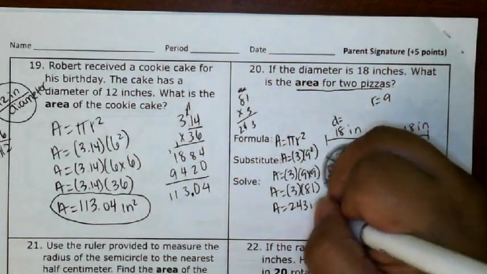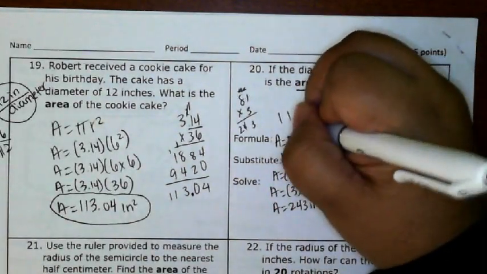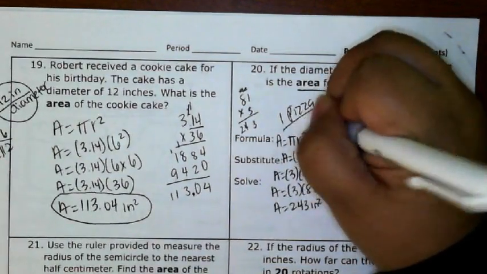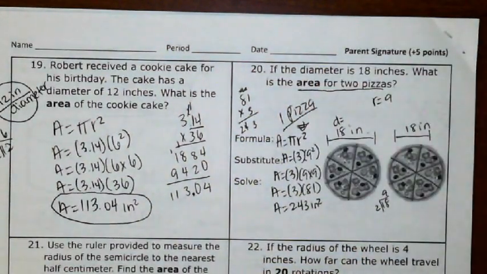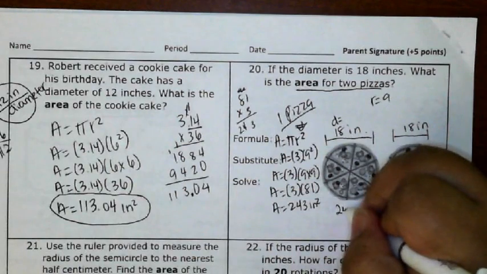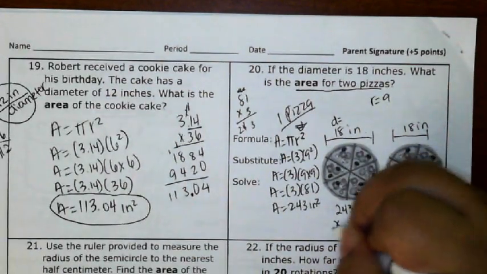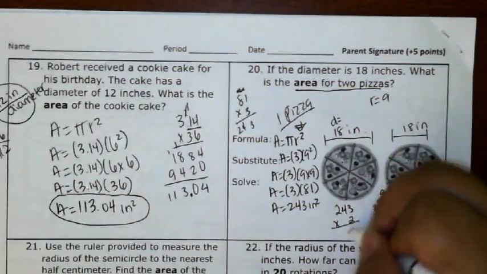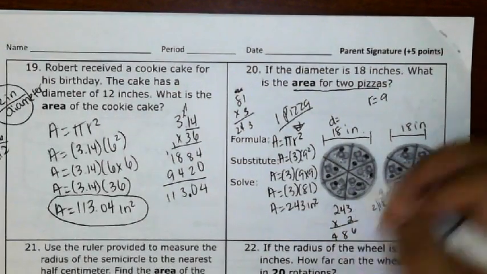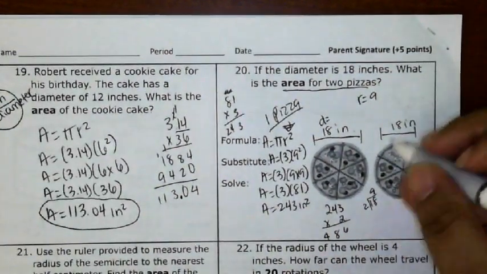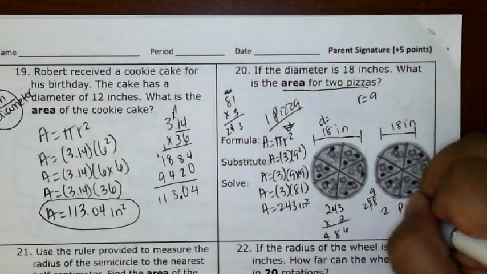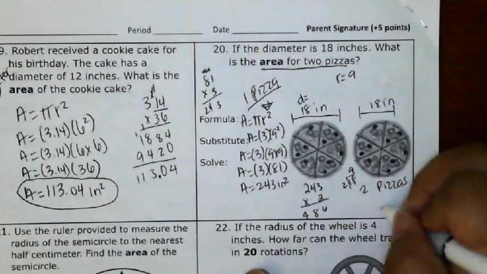So I'm going to take 243 and multiply that by 2. 2 times 3 is 6, 4 times 2 is 8, 2 times 2 is 4. So in the end, my final answer for 2 pizzas is going to be 486 inches squared. This is my final answer. Okay.